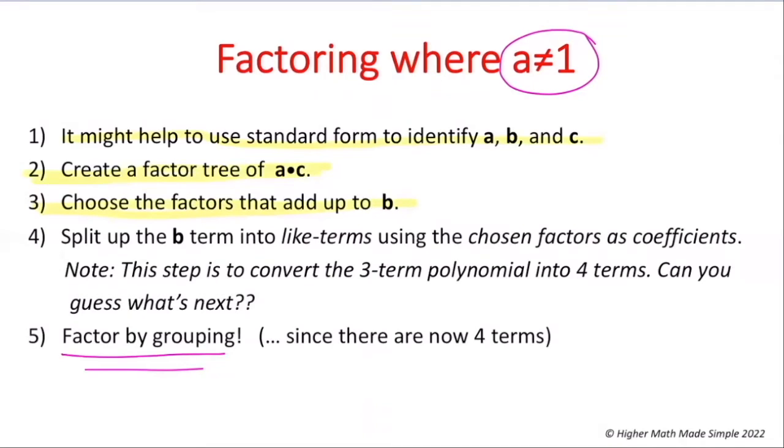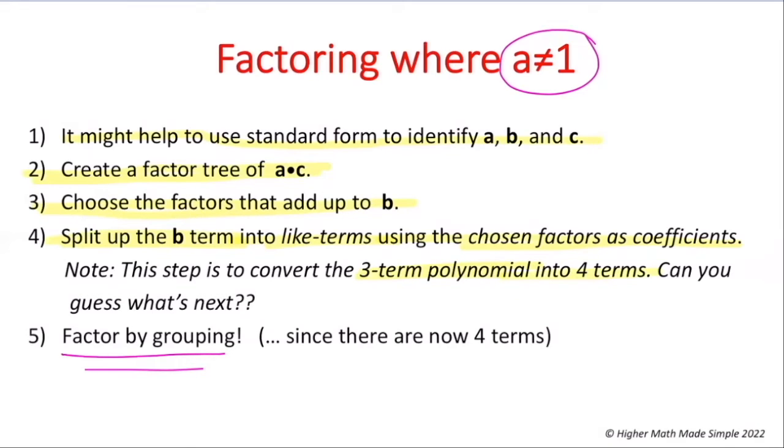Now, what do you do with those factors? You take the b term and split it into two terms. They're going to be like terms. You use those chosen factors as the coefficients of those terms. Obviously we'll do an example. Why is this step important? When you factor a quadratic polynomial, more often than not it has three terms, and what this step does is convert it into four terms.